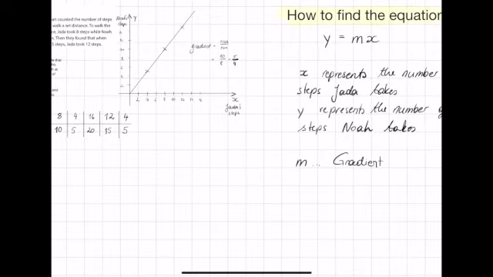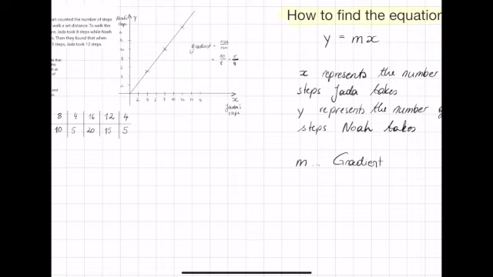We could have also counted 10 steps, 2, 4, 6, 8, 10 of Jada's steps resulted in 8 of Jada's steps, 2, 4, 6, 8 resulted in 2, 4, 6, 8, 10 of Noah's steps. So that's how we found the gradient.